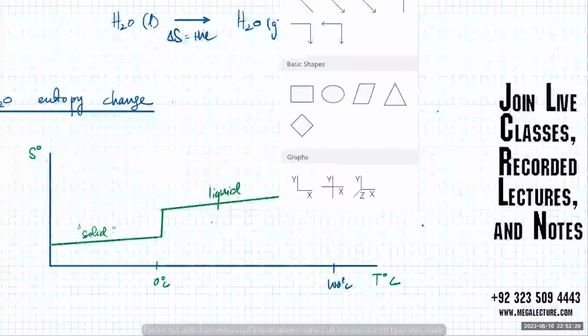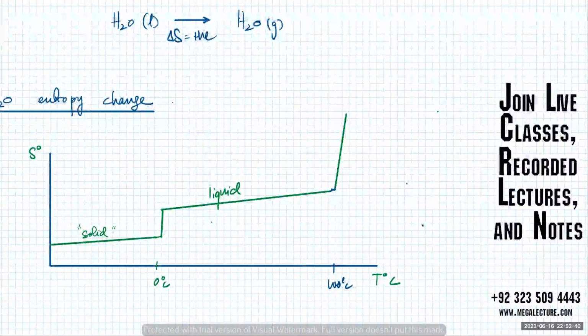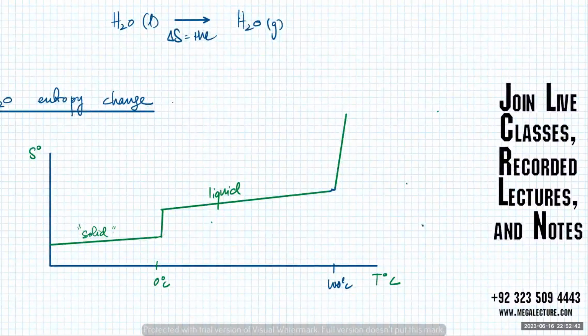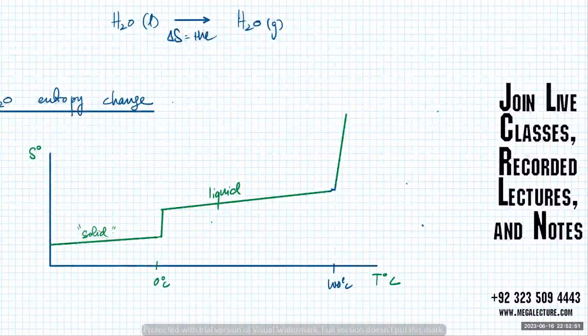And now about gases, if there's steam at 110 degrees centigrade and there is steam at 1000 degrees centigrade, do you think there's a huge difference between the disorder, or just a very slight difference in the disorder?